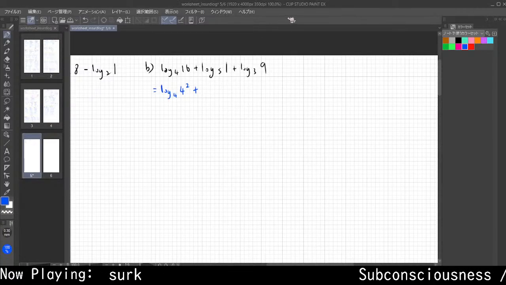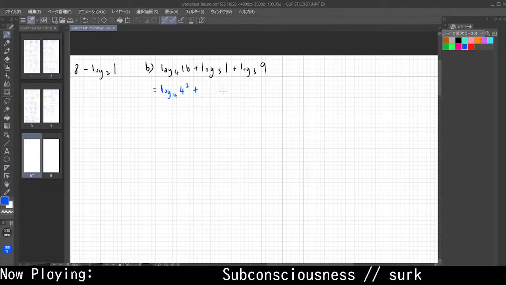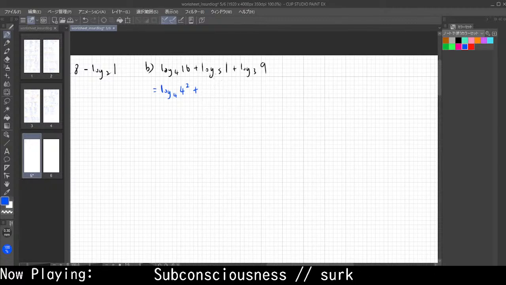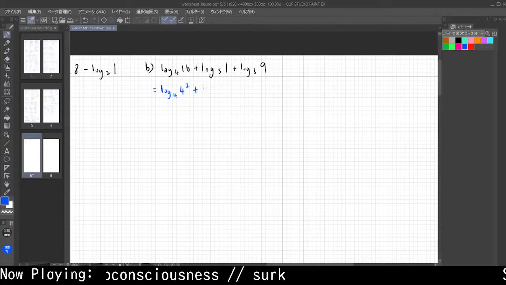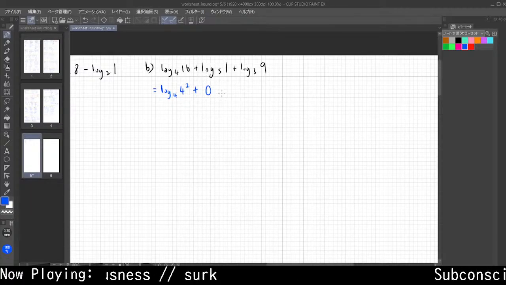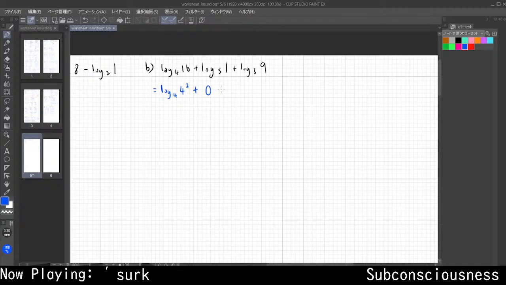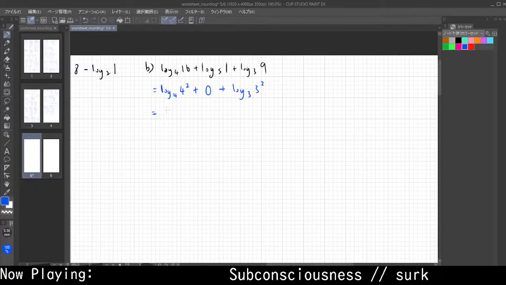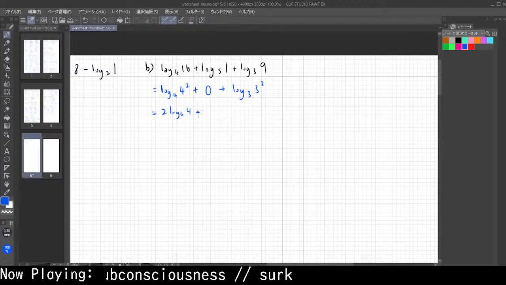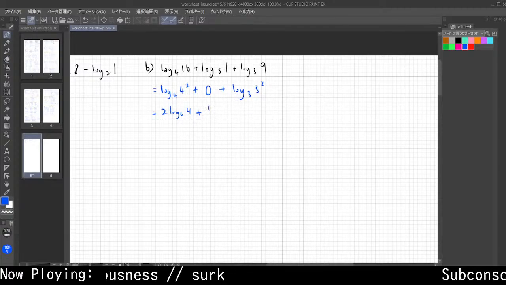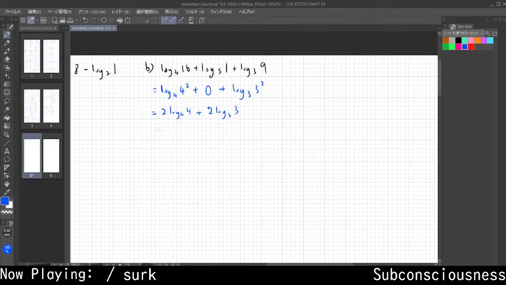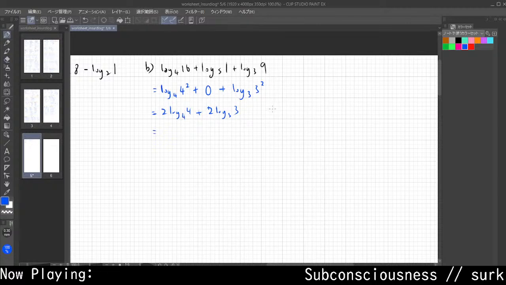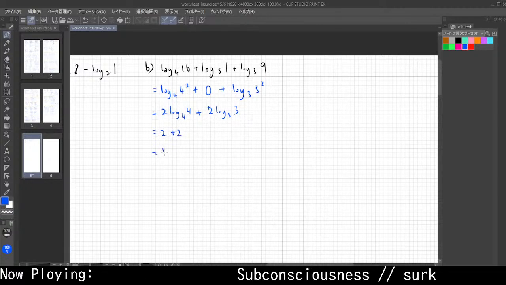Then for log base 5 of 1, the rule is everything that has a log of 1, no matter what the base is, is straight up equal to 0, kosong. Okay, log base 3 of 9 is 3 squared. Then the power you bring in front, so you get this. Then log base 4 of 4 plus 0, you just don't have to write that. And then 2 bring in front plus log base 3 of 3. 4 4 same equals to 1, 3 3 same equals to 1, 2 plus 2 you get 4.